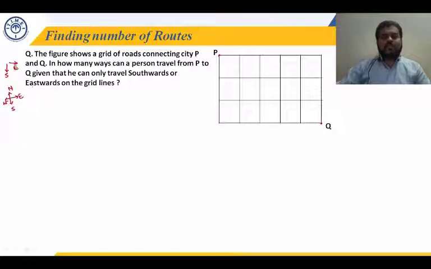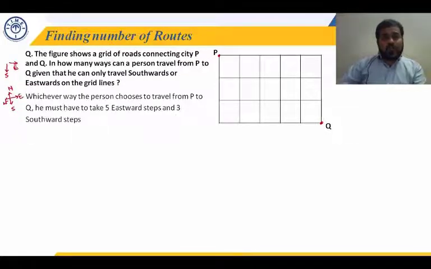So these are the only 2 directions allowed here. So he can only move down or towards this direction. So how many ways of travel are there along the grid lines if somebody has to reach from point P to point Q?